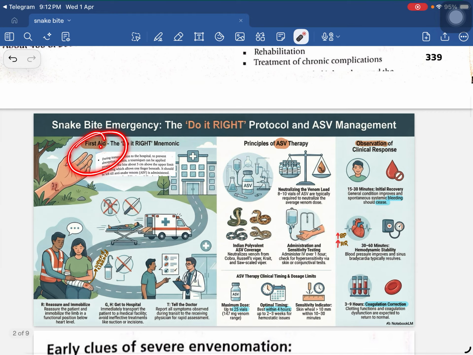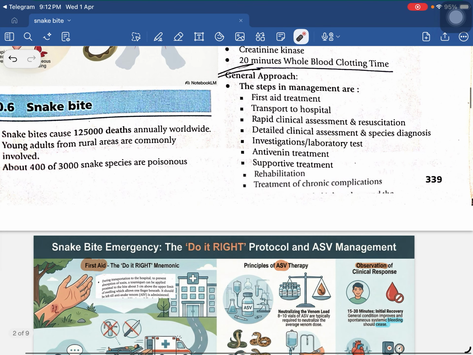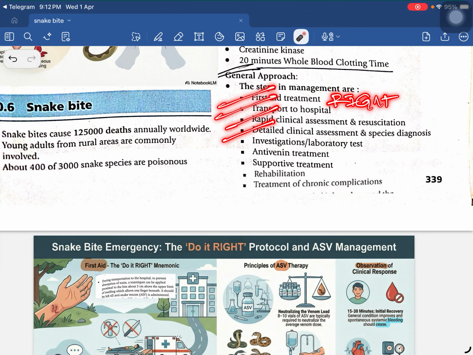Here we have seen first aid, then principles, and then observation of clinical responses. So in the general approach we have seen first aid and transport, that is the mnemonic "do it right", rapid clinical assessment and detailed clinical assessment, investigation by the doctor, then as treatment, antivenin treatment, supportive treatment, rehabilitation and treatment of chronic complications.